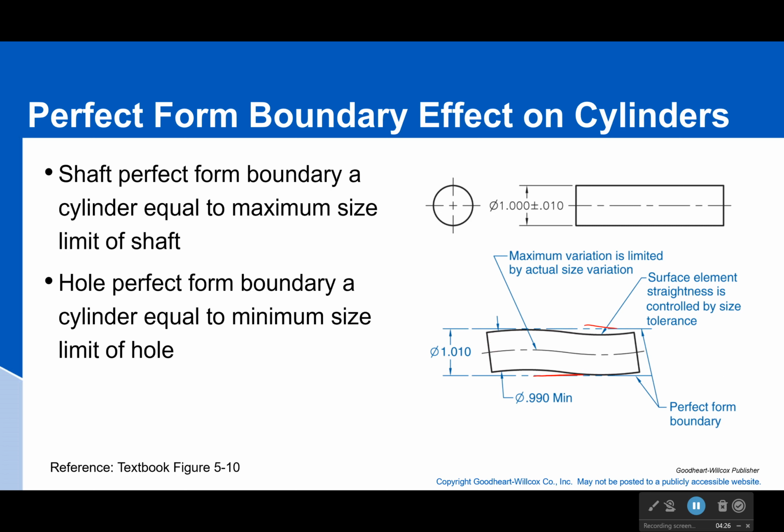So in many ways we could say, for these kinds of shapes, if you were to make a hole that had the perfect diameter of 1.01 and my cylinder can fit through it, well then at least my cylinder is not too big or too curved. Now it might be too thin, like the size tolerance might still be off, but its form tolerance would not have broken the boundary.